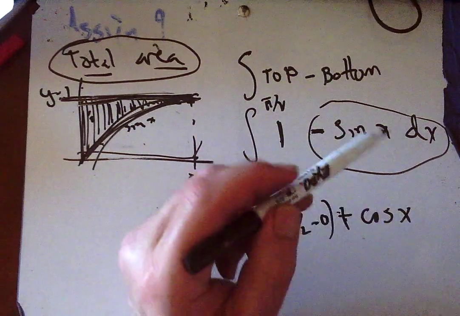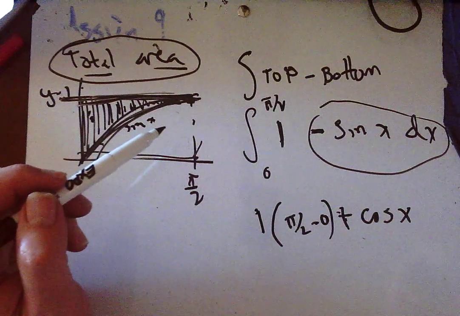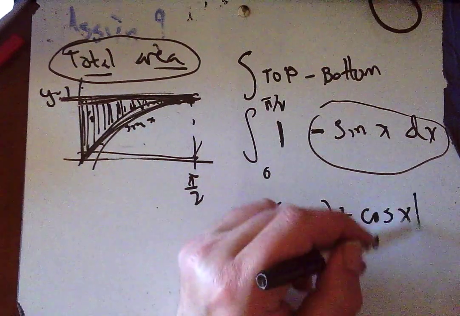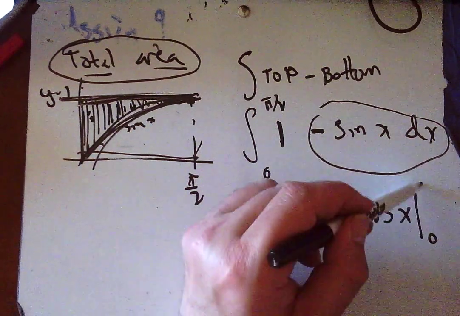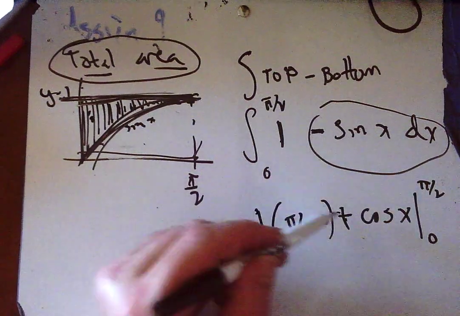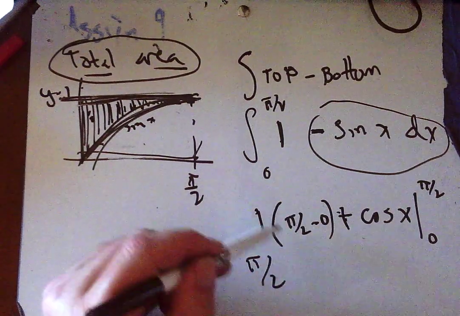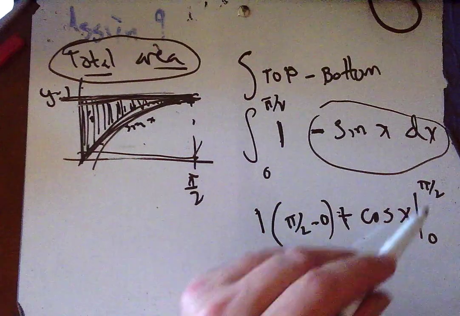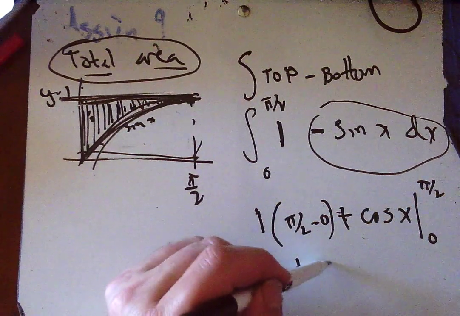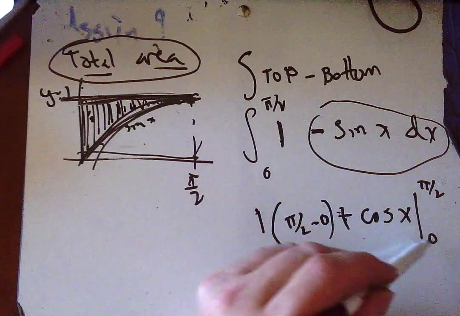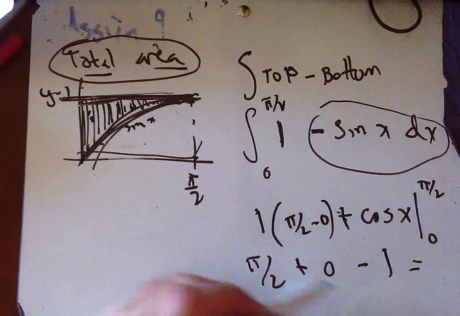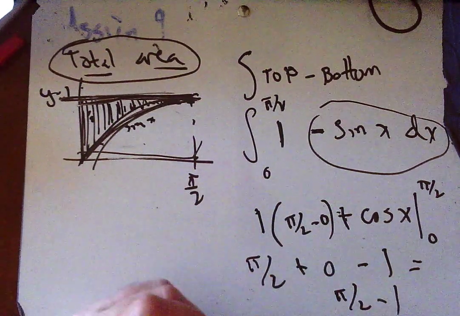That's cosine. And I want to evaluate that from 0 to pi over 2. So over here, I'm getting 1 times pi over 2. And over here, cosine of pi over 2 is 0, minus cosine of 0 is 1. And again, I get pi over 2 minus 1.